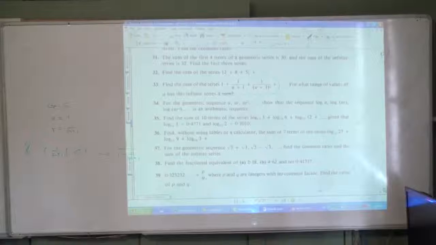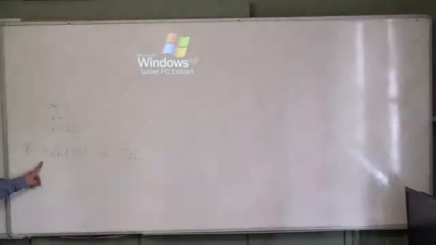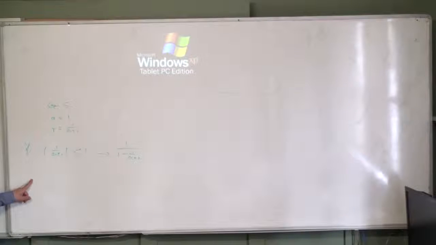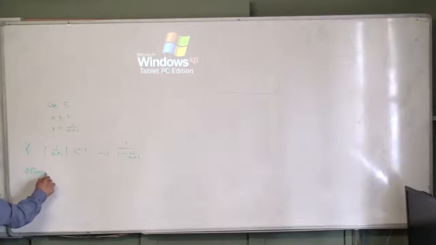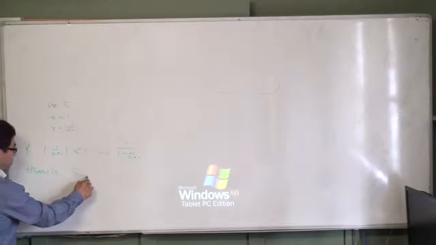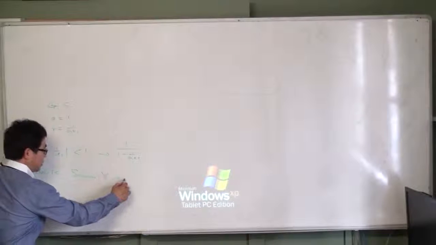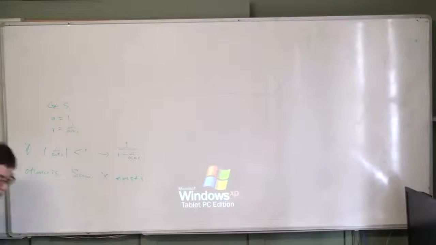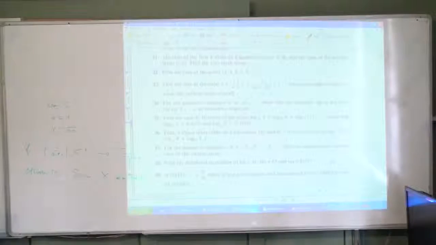So when you answer, you have to comment precisely. In that case, the answer will be this. Otherwise, there will be no answer. Otherwise, the sum does not exist. See? You have to answer clearly.